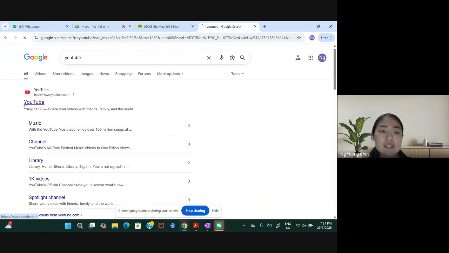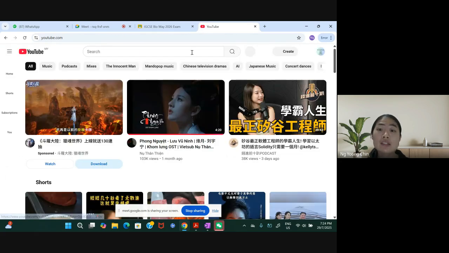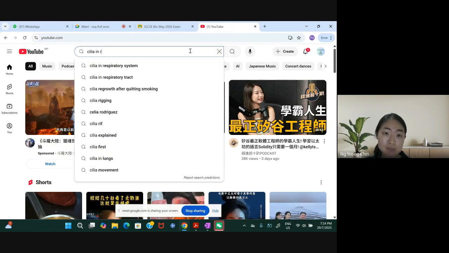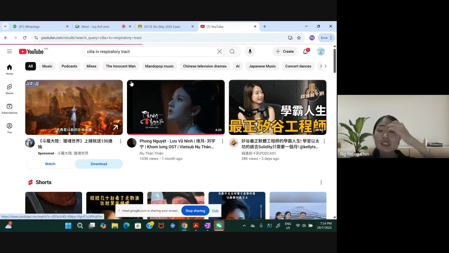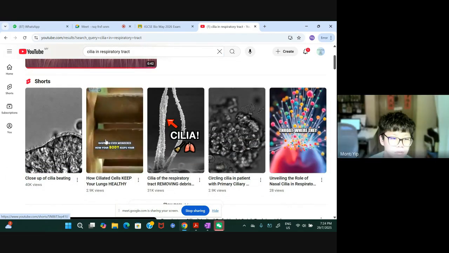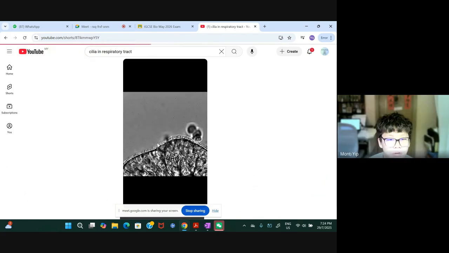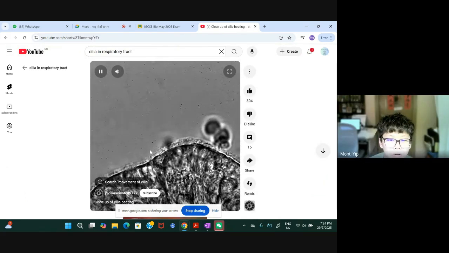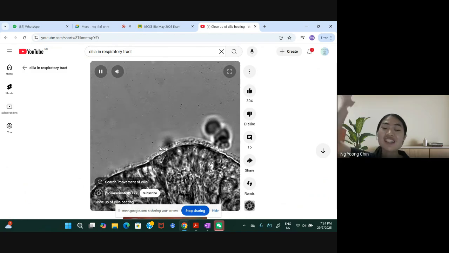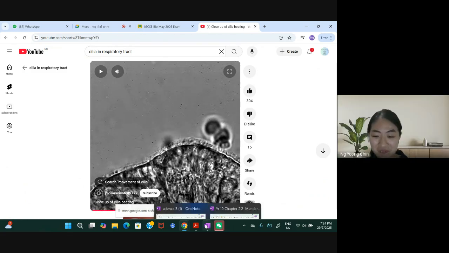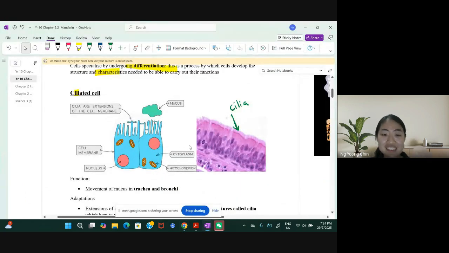Cilia are found along your respiratory tract, a lot of cilia. Cilia are something like fur. See, this is cilia, and they are waving.